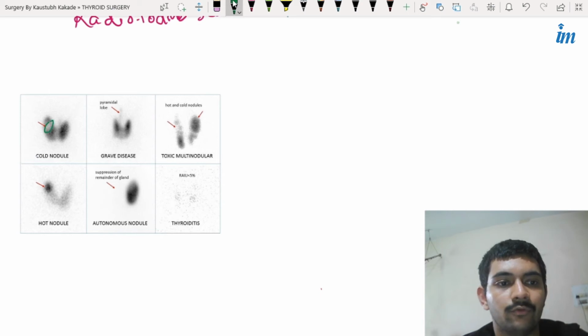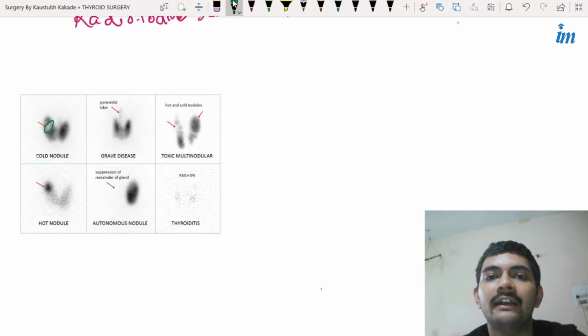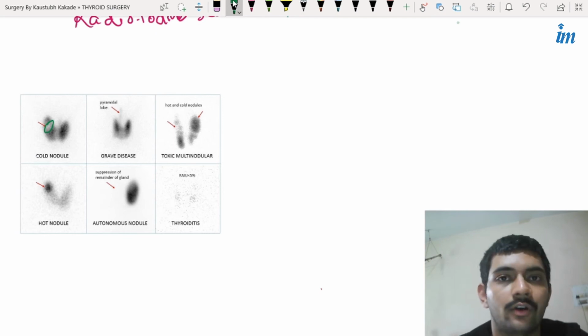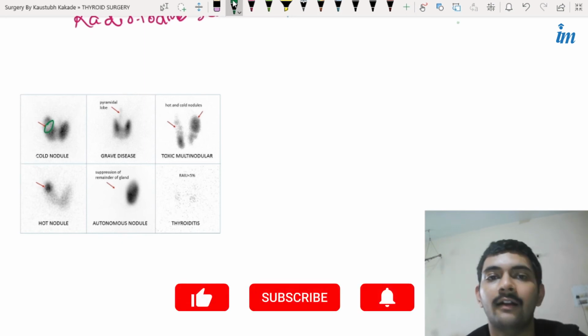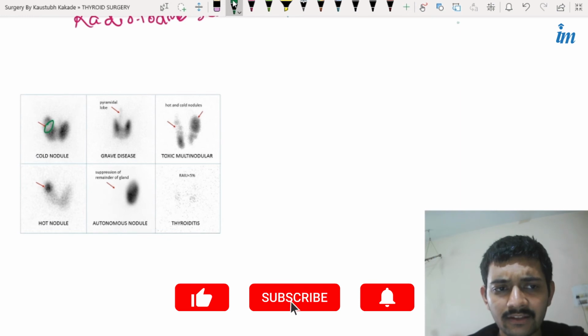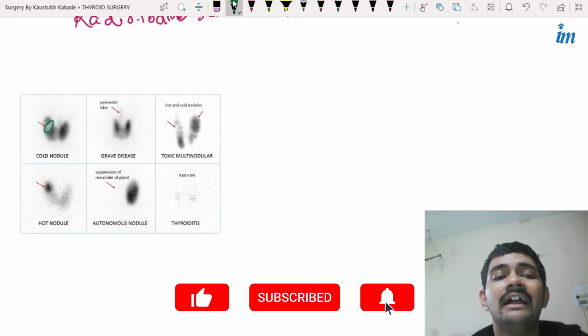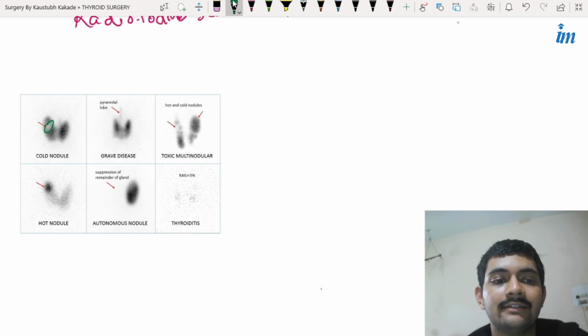This is a nodule which you are clinically suspecting. Clinically, you will identify which part of the thyroid the nodule is in, and that has to be studied in comparison to the normal other parenchyma of the thyroid. Like this, suppose there was a right upper lobe nodule.